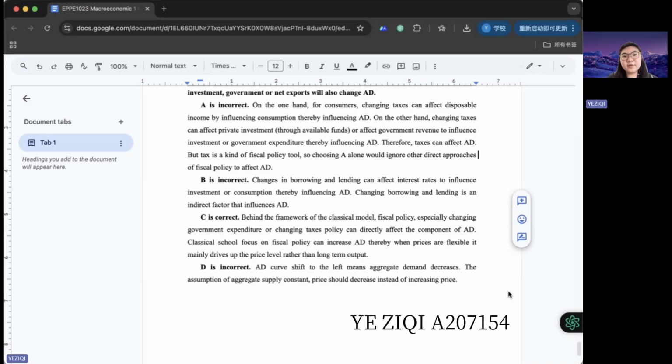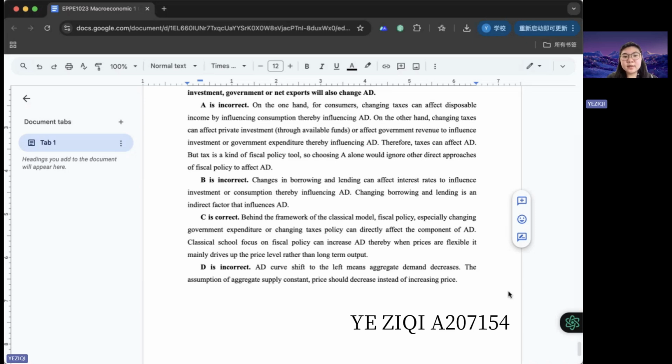Therefore, tax can affect AD, but tax is a kind of fiscal policy tool. So choosing option A alone ignores other direct approaches of fiscal policy to affect AD.